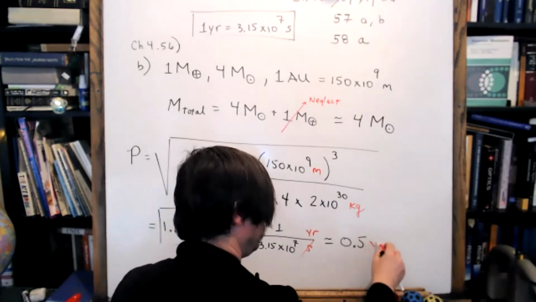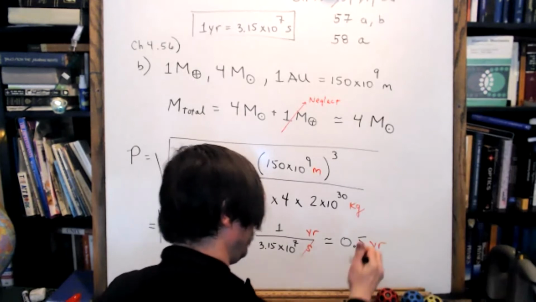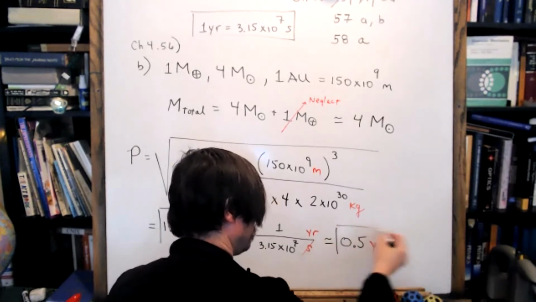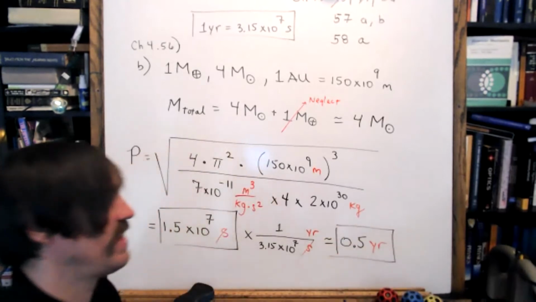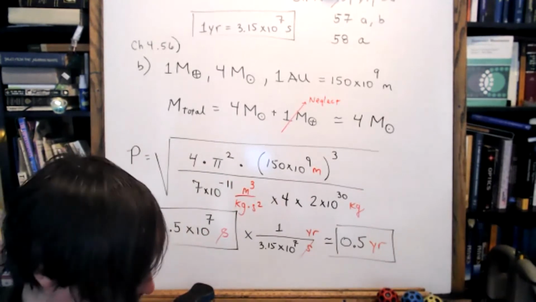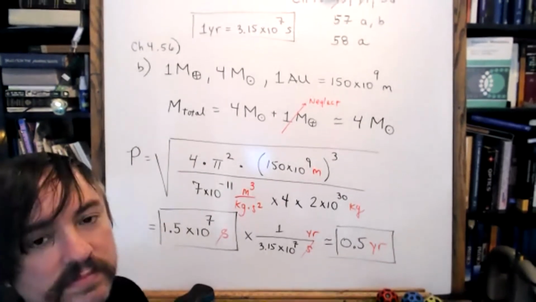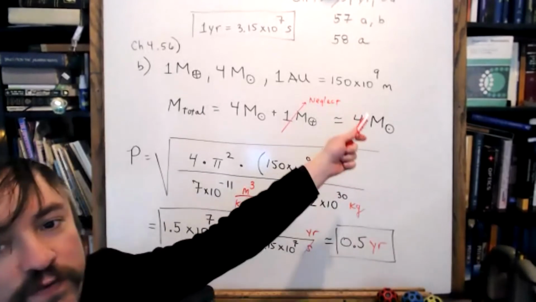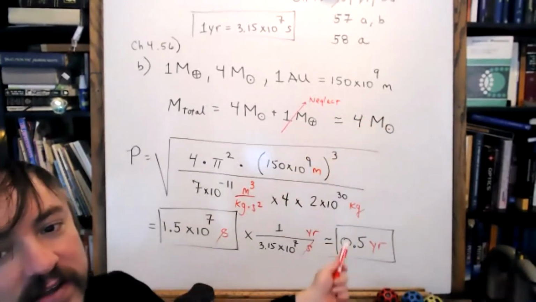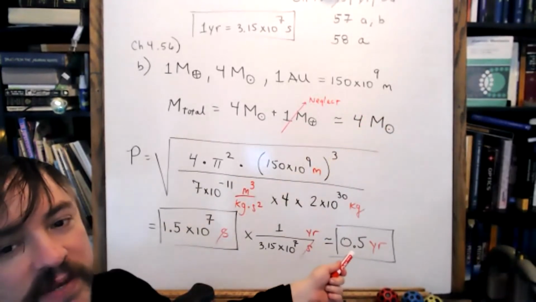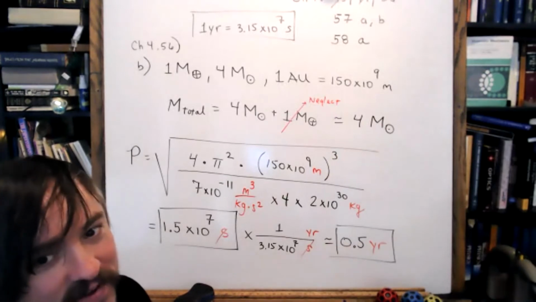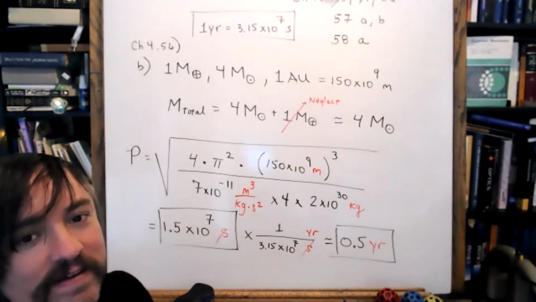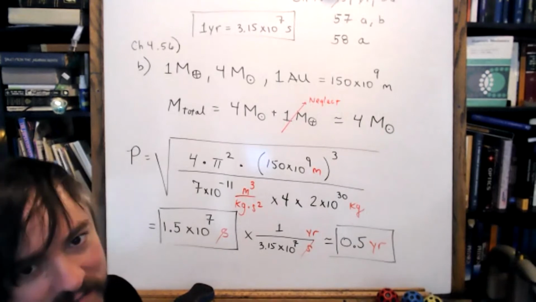Oh, okay. Yeah, that makes sense. It's half a year. Four times the mass of the sun would change the period of our planet to half a year. How interesting.